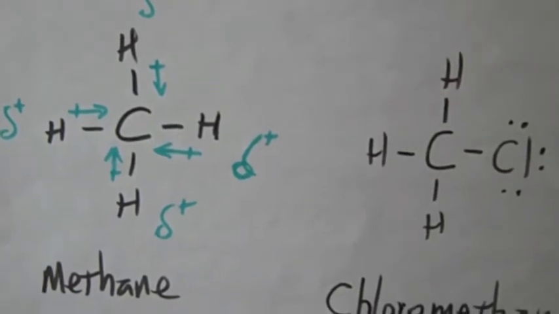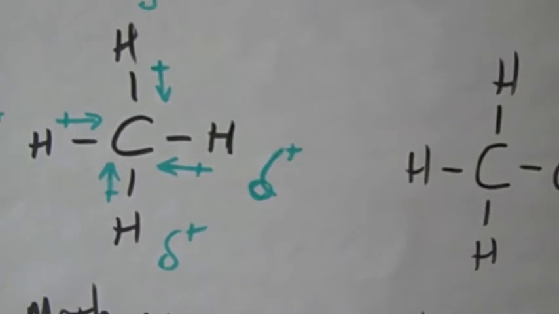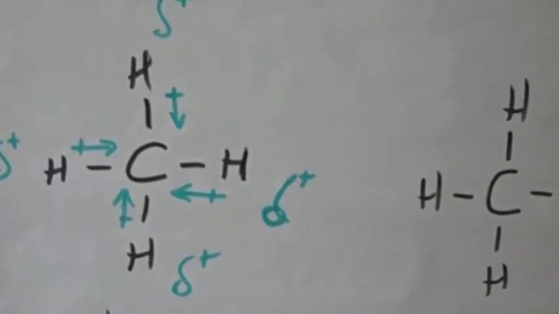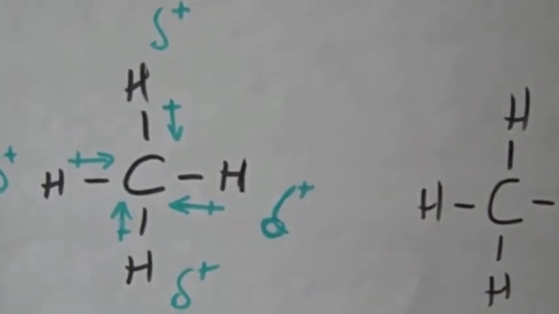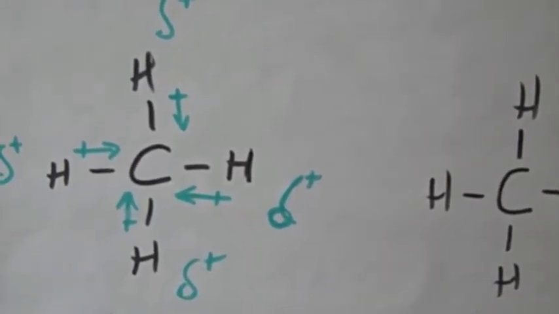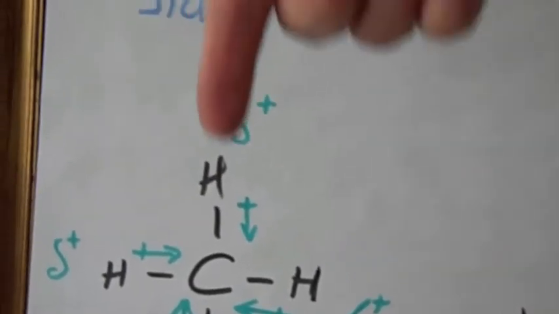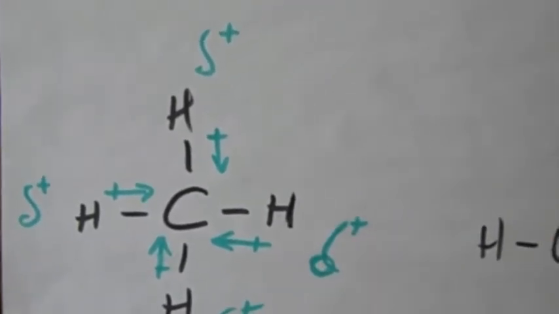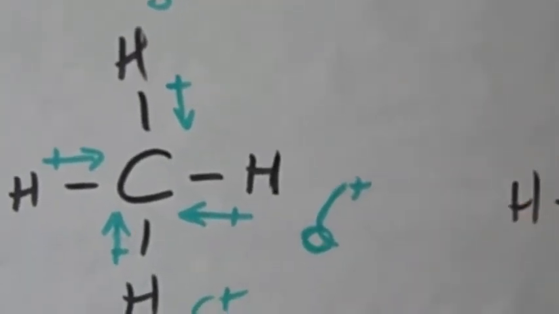Each hydrogen is just a proton, so it has a slightly positive charge, or a partial positive charge. And you can see that as I've drawn in the little delta pluses around each hydrogen. And you can see that any way we approach this molecule, it's always the same. Any molecule coming at it will hit a partial positive charge.